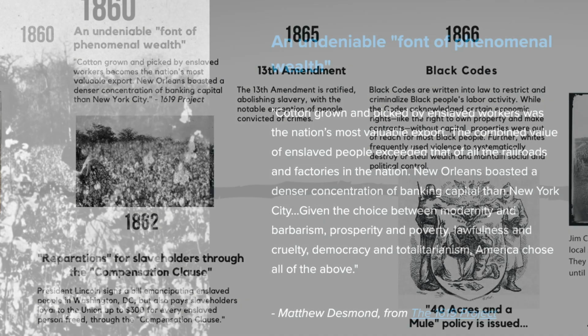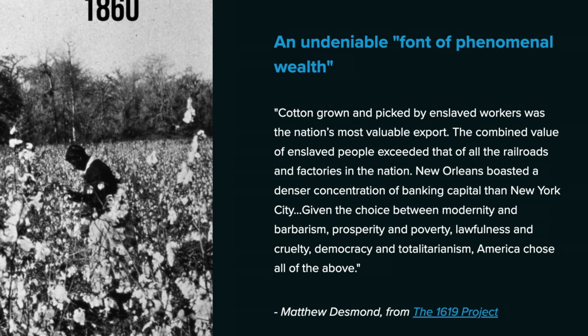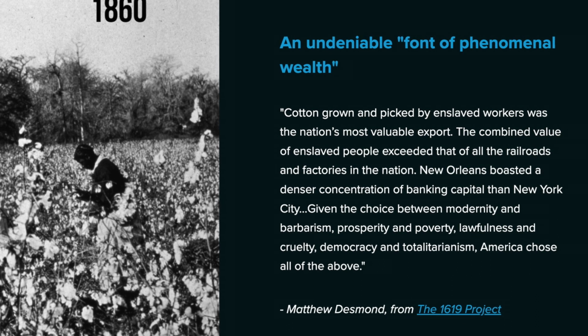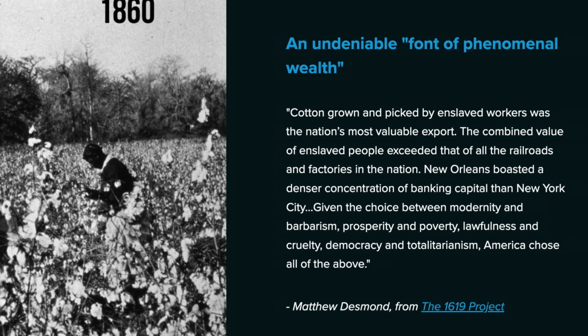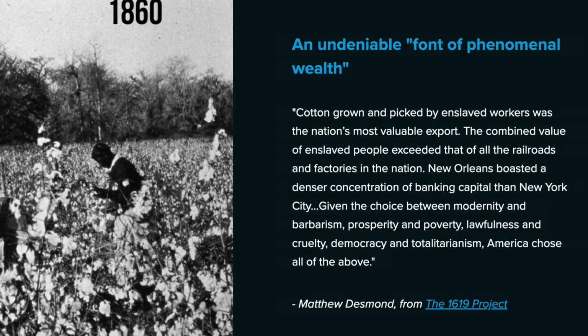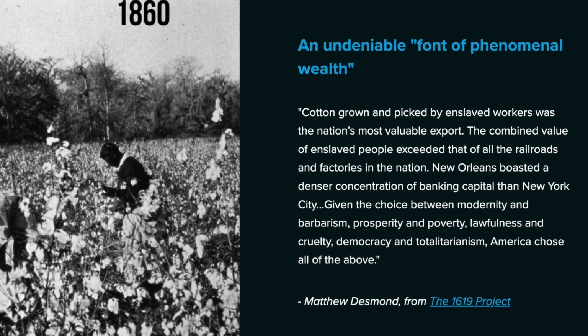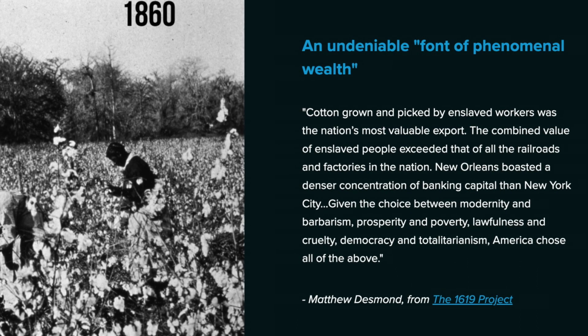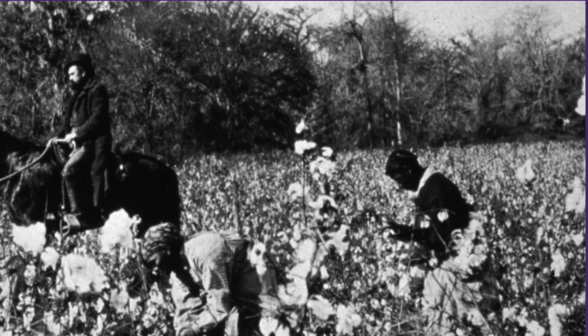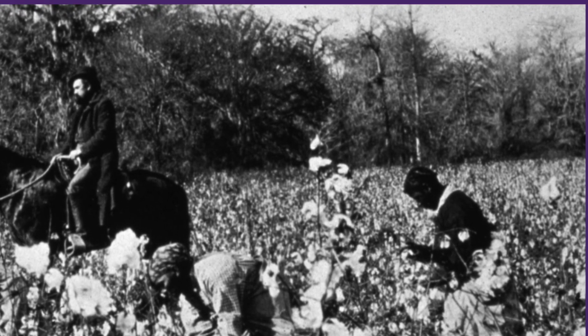Cotton grown and picked by these enslaved African workers was known to be the nation's most valuable export. According to Matthew Desmond of the 1619 Project, slavery was undeniably a font of phenomenal wealth.